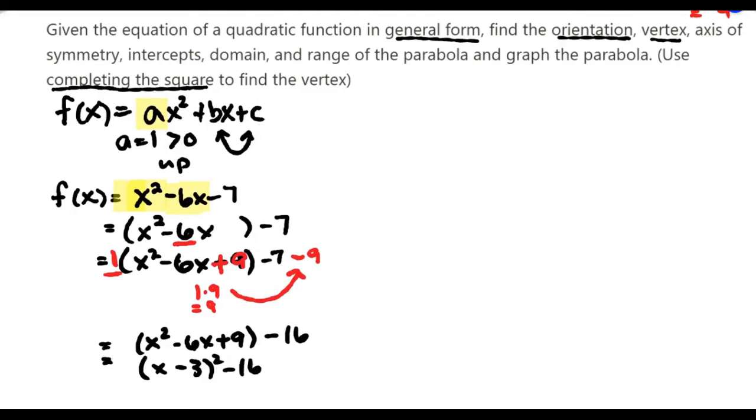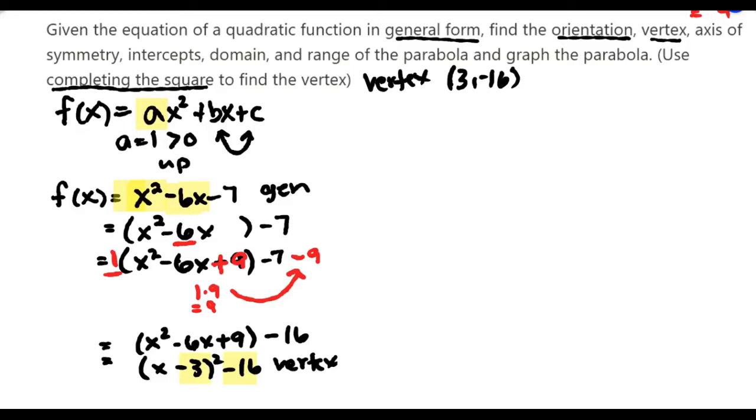So what we've done is we've taken our function from general form into the vertex form, and when it's in the vertex form, you can write down what the vertex is. It will be h, k. So the vertex for this example is 3, -16.